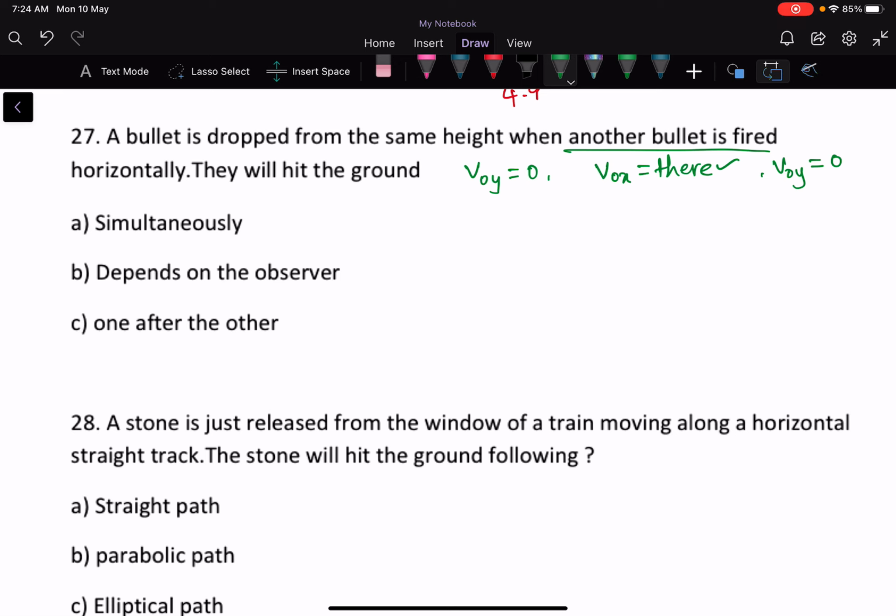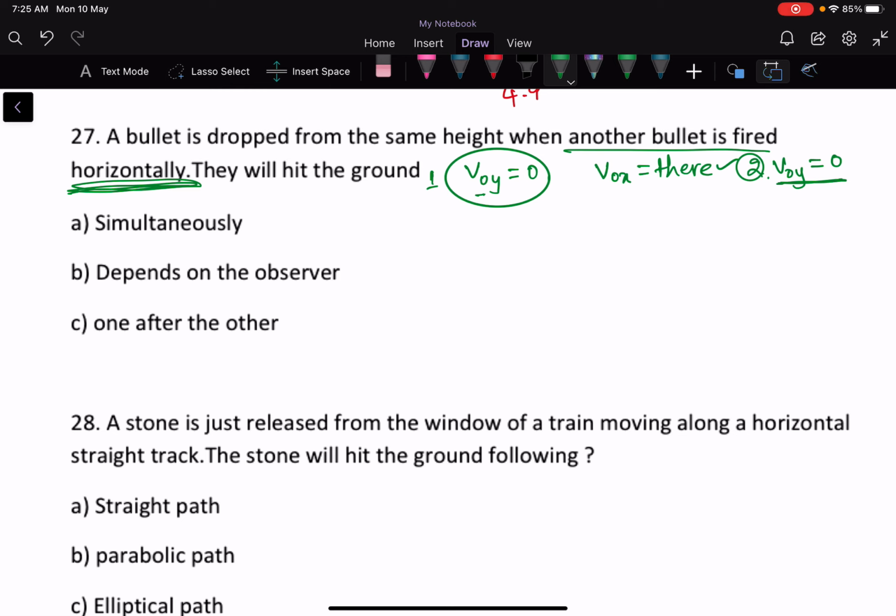Dropped means initial velocity is equal to 0 for the first bullet. For the second bullet also, as it is thrown horizontally, the vertical component of velocity is equal to 0.